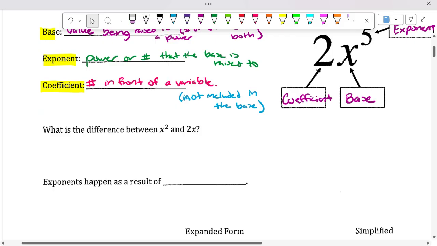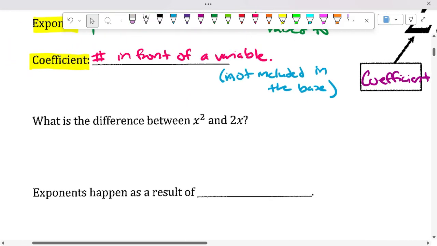So now, what's the difference between x squared and 2x? Well, 2x is a coefficient, but think about it definition-wise. With 2x, you're multiplying 2 by x.